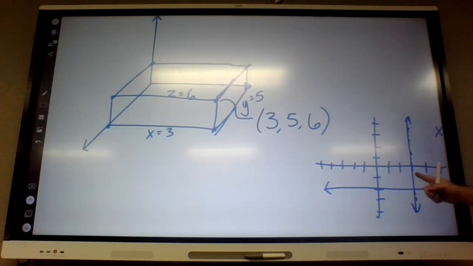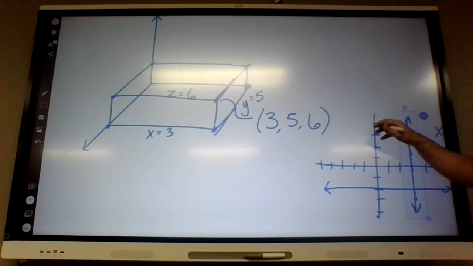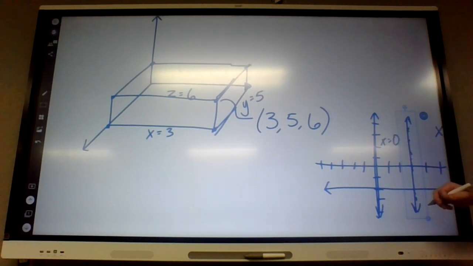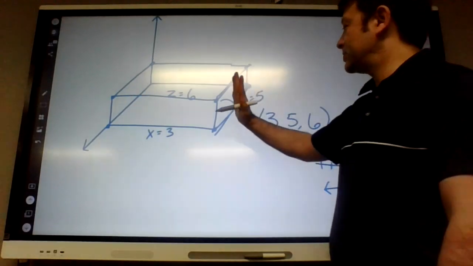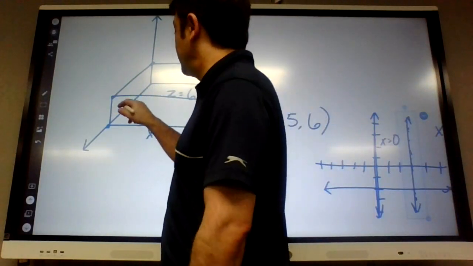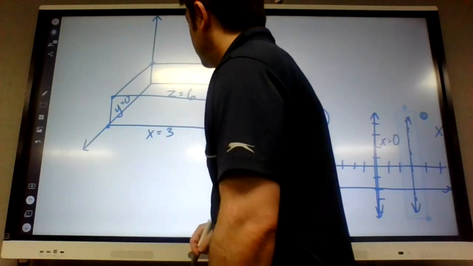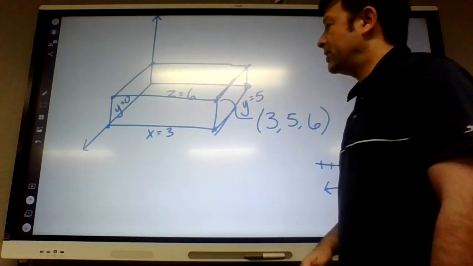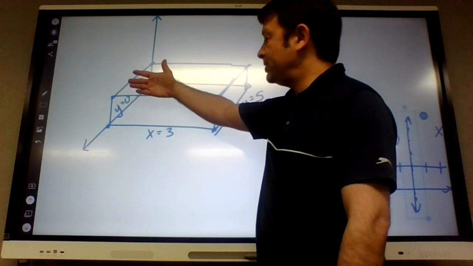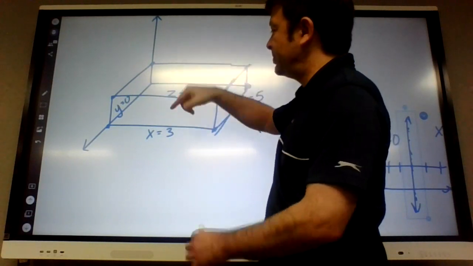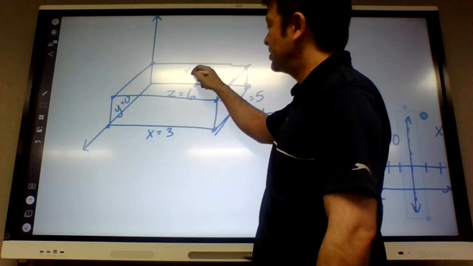It's kind of like this is x equals 3, and this is x equals 0. That's what's happening here. So if this is y equals 5 on the right, on the left it's y equals 0. If this front plane is x equals 3, the plane in the back is x equals 0.